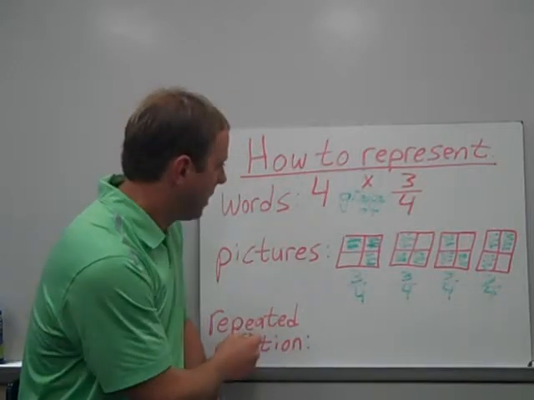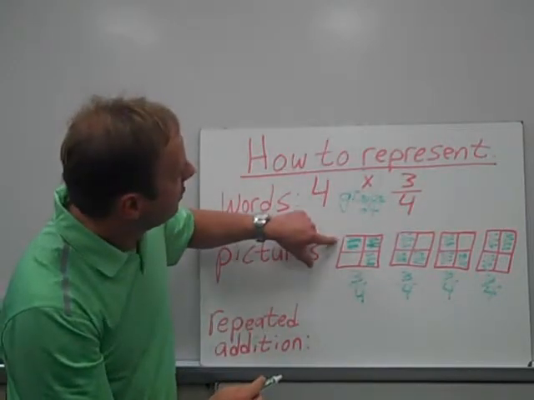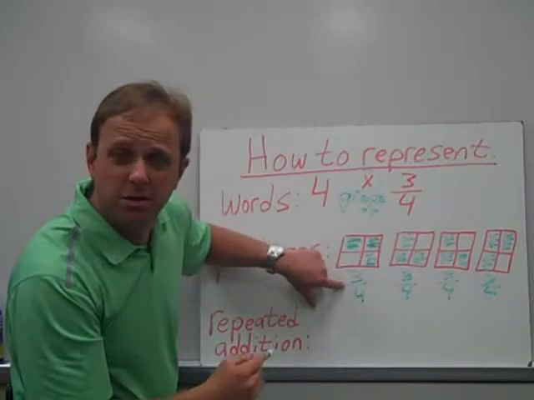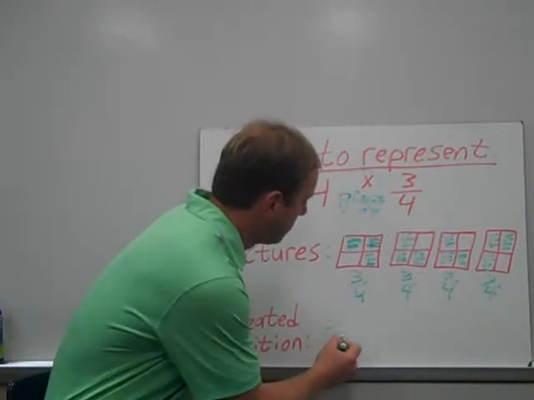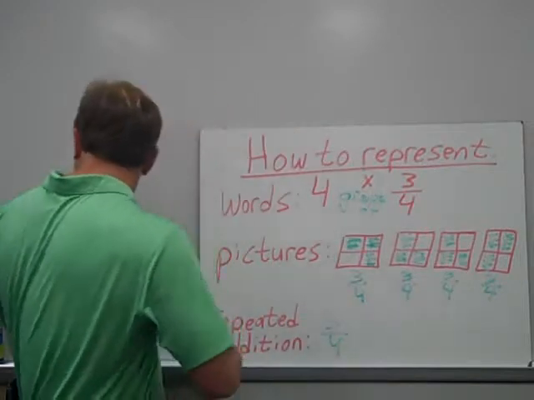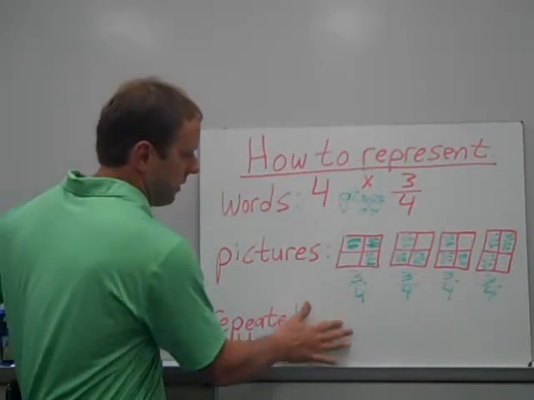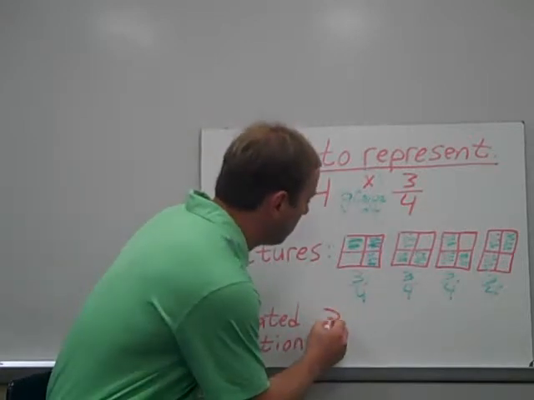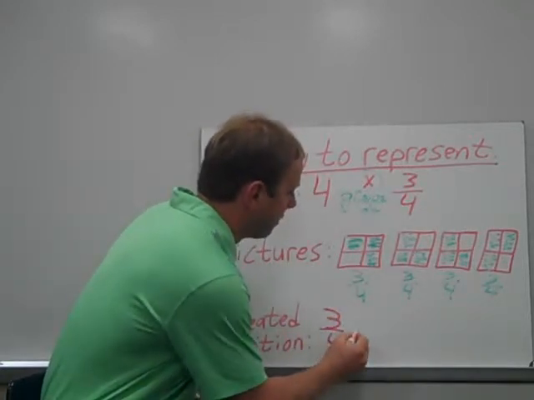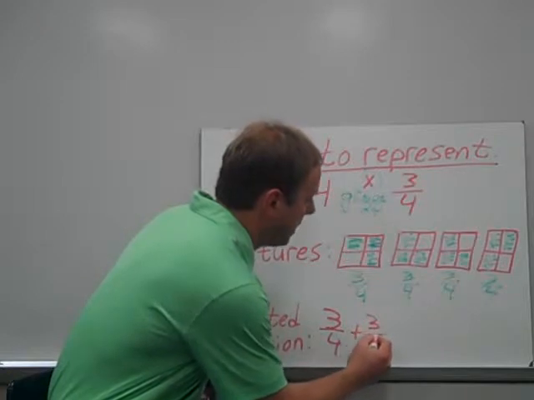Now, another way is repeated addition. If you look at this, we sort of set ourselves up to do that. However, I will rewrite it so that you can see it. And you know what? This marker is not a very good marker, so let me try a different marker. 3/4 4 times.